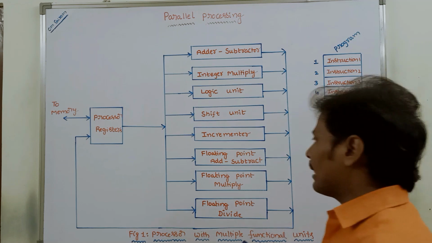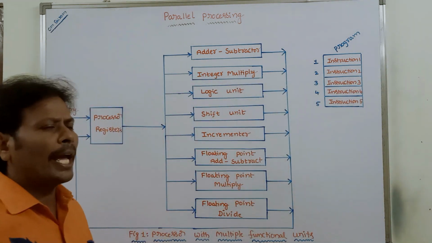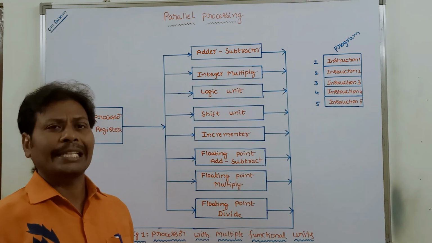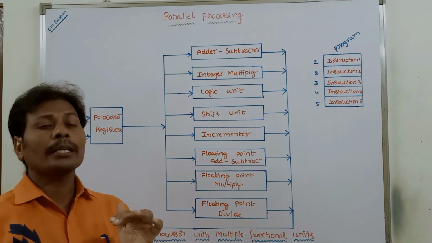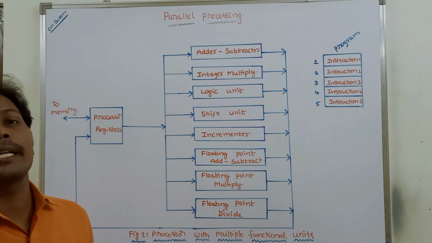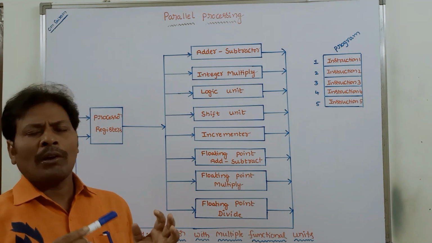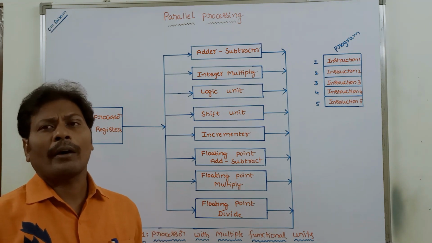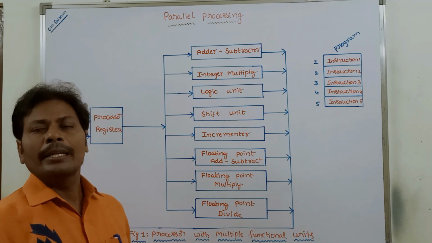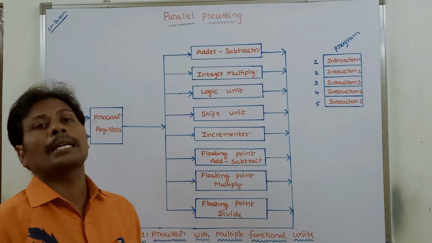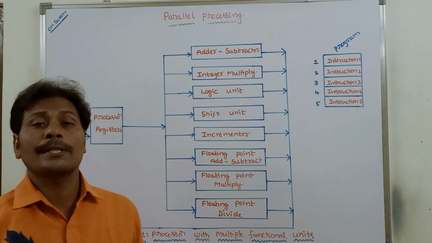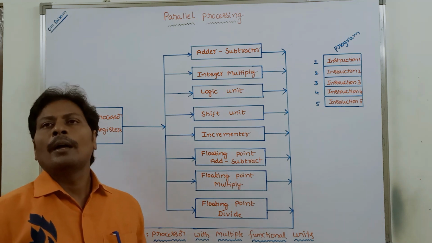Because we are taking more than one ALU, the hardware cost of the system can also increase. But technological developments improve day by day, and these developments reduce the hardware cost.